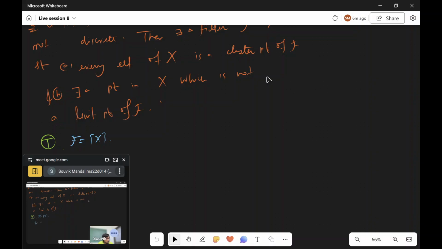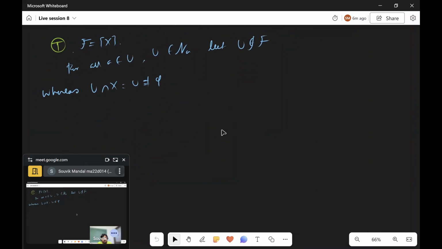Then for all a in X, there is U in N(a), but U does not belong to F, whereas U intersection X equals U, which is non-empty.